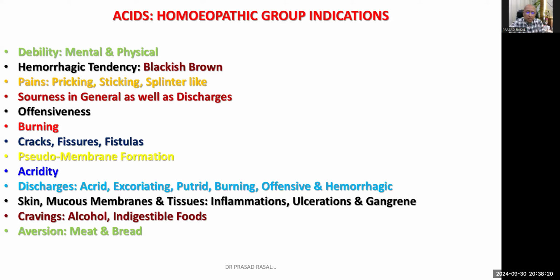Very commonly, they are the products of this acid group. Pseudomembrane formation. In the throat, you can get a pseudomembranous formation, commonly a diphtheria-like membrane, which develops with pricking or splinter-like pains.